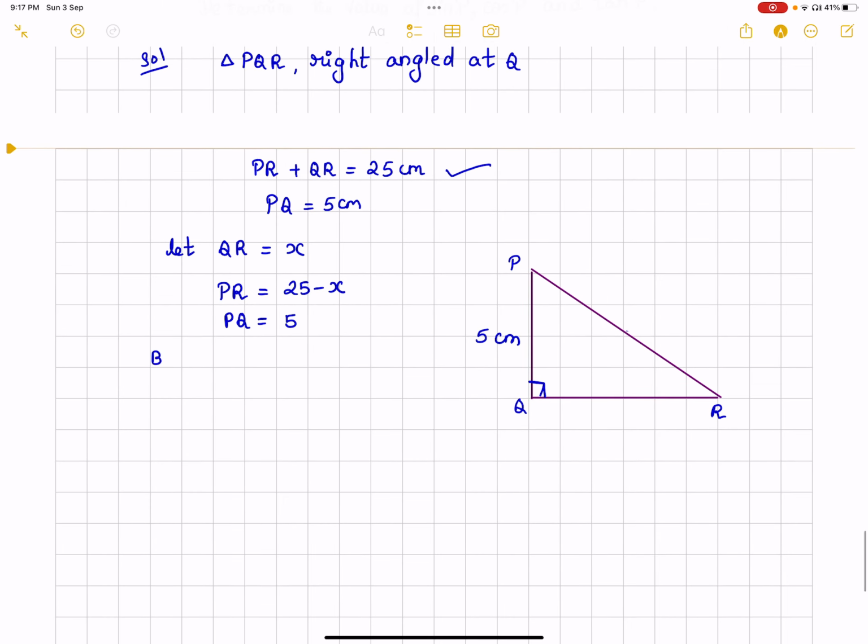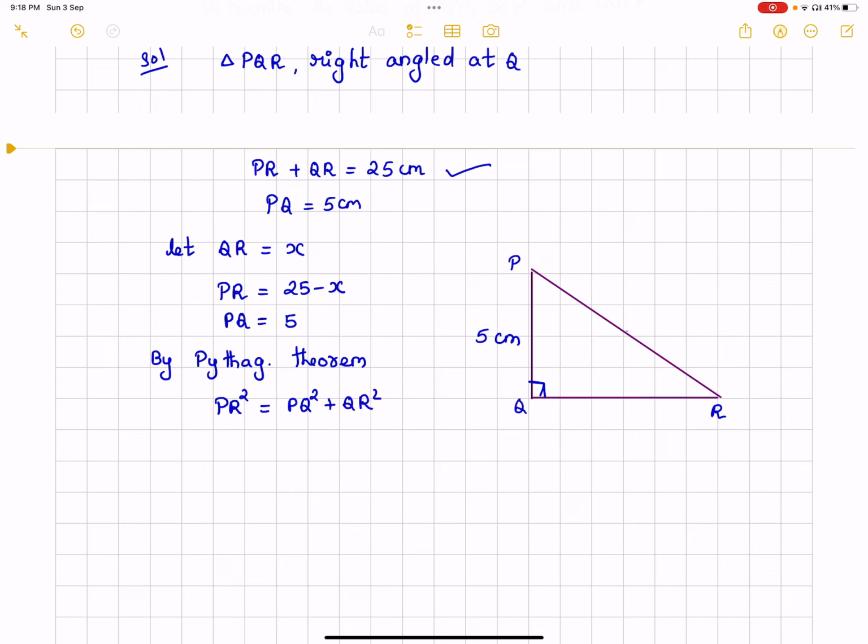Now by Pythagoras theorem, I have two sides. Hypotenuse square, that is PR square, is equal to the sum of the squares of the other two sides, that is PQ square plus QR square.